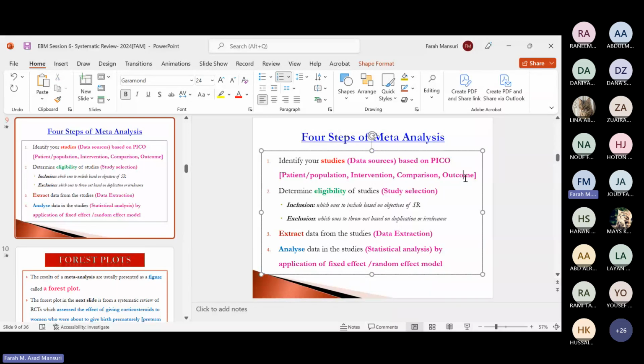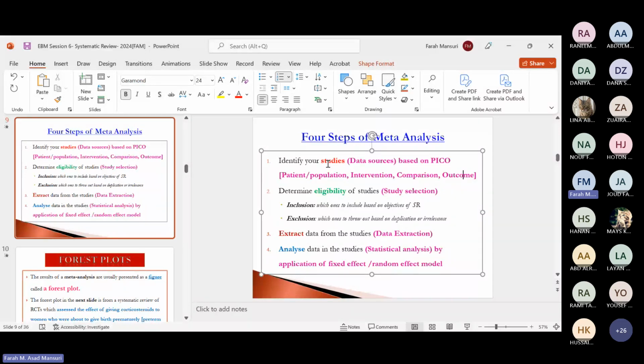So that is how PICO should be there in the objective of the systematic review, or in the title of the systematic review. And based on this PICO, we actually identify or select the studies from the literature search.